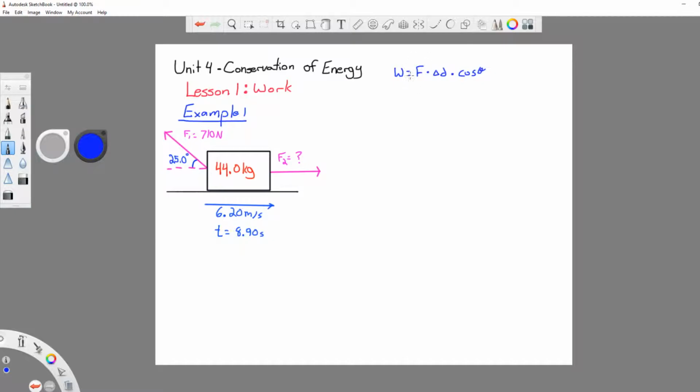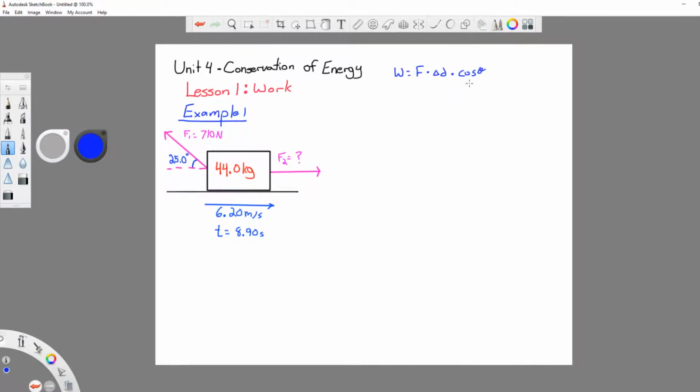If we were to apply a force on an object, and that object were to be moving, we could say that the magnitude of the force that we apply to this object, times the distance that the object travels, is going to be the amount of work done on it. There are two important side notes on this.